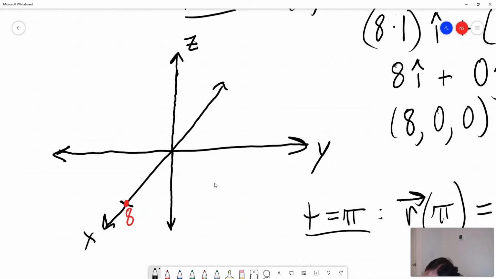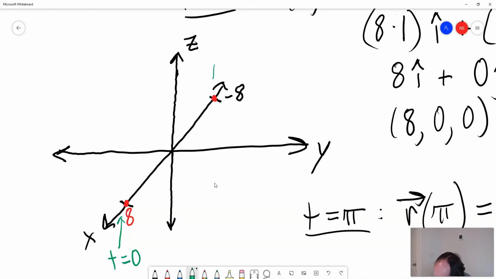Okay, so if this is 8 here, then -8 would be down here, back there on the x-axis. Okay, and I'm going to go ahead and label this. So this first point was where t equals 0.